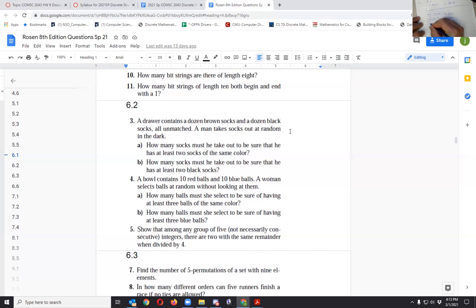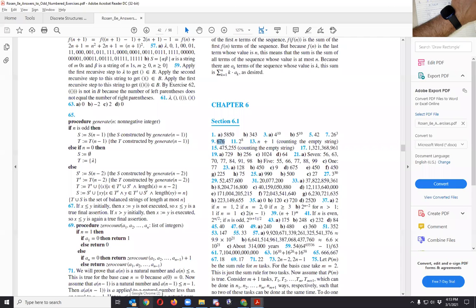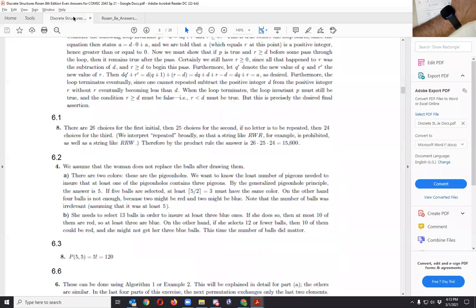And that's A. And B is going to be at least 3 blue. Okay, the reason I like to do the even ones first is they usually have a better explanation. So let's bop over.